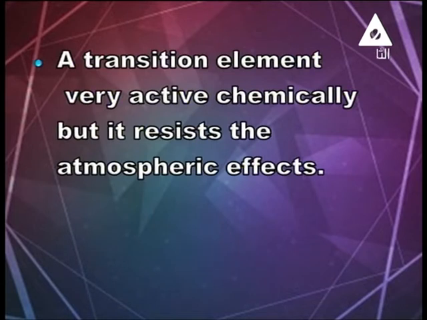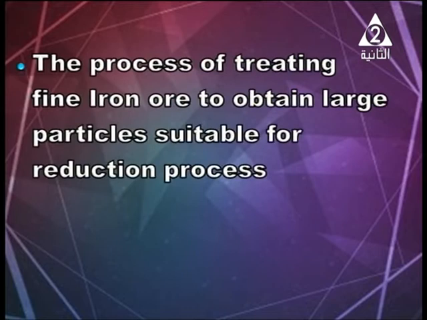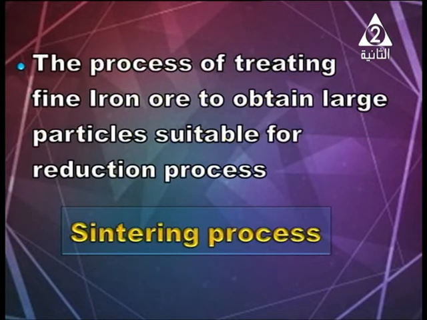A transition element, very active chemically, but it resists the effect of atmospheric air. This is chromium. The process of treating fine iron ore to obtain large particles suitable for reduction process. This is what we call sintering process.